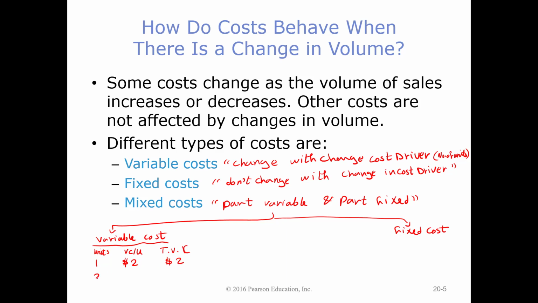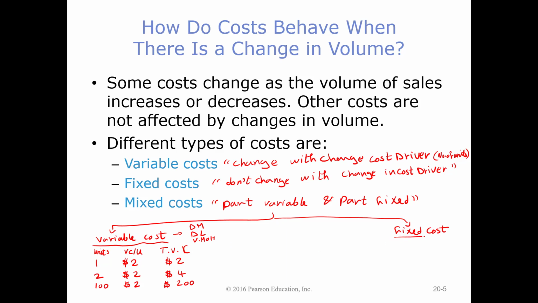If I produce 2 units and the variable cost per unit is the same, the total variable cost will be $4. If I produce 100 and each one costs me $2 of material, it will be $200 total variable cost. This means variable cost can be direct material, direct labor, and variable manufacturing overhead. All of these costs change with the change in the volume or the number of units produced.